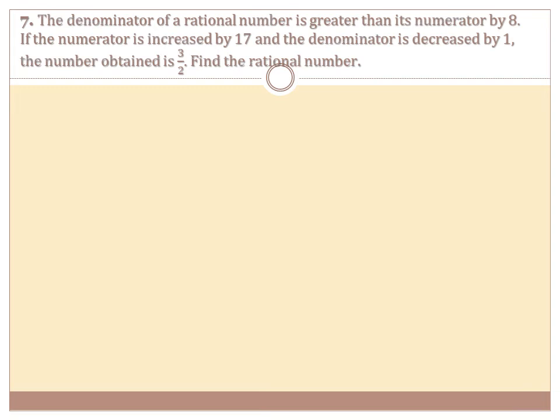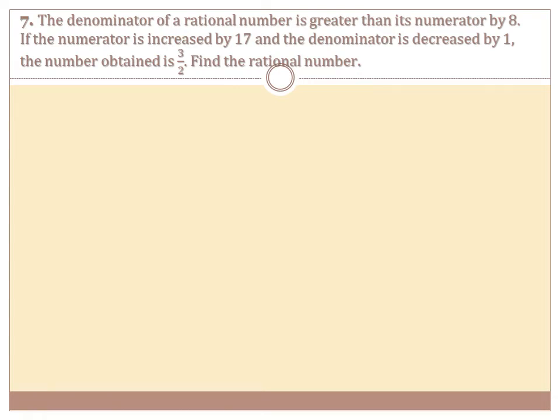Now let us discuss the 7th question of exercise 2.6. The denominator of a rational number is greater than its numerator by 8. If the numerator is increased by 17 and the denominator is decreased by 1, the number obtained is 3 by 2.